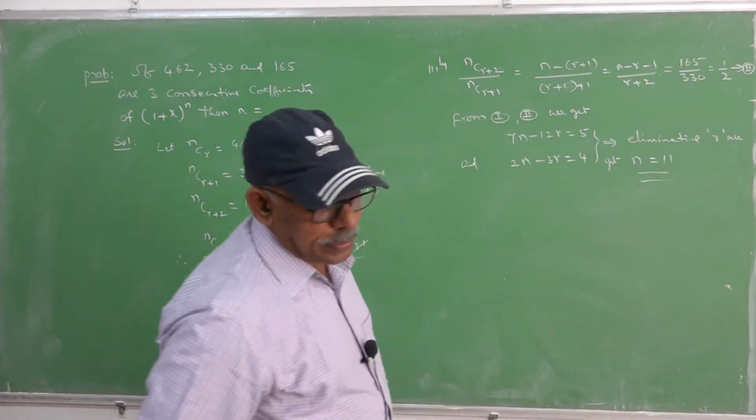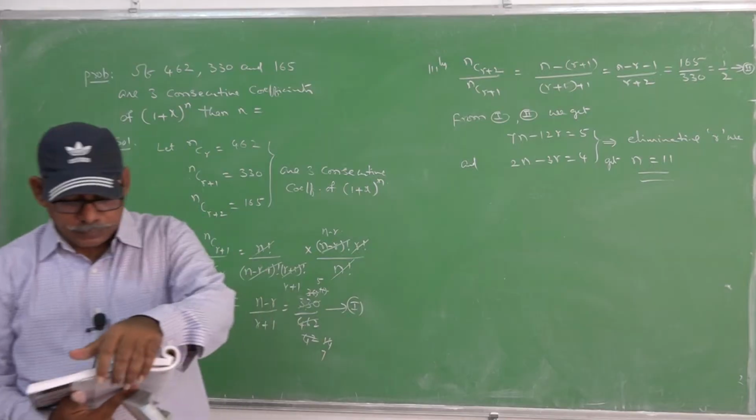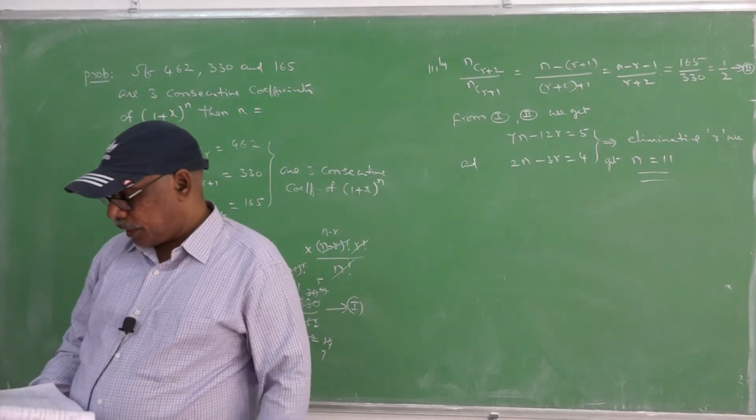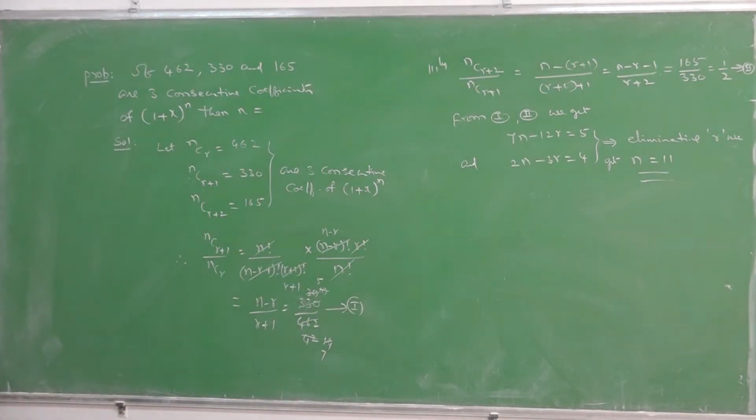So n takes the value 11. The required n value is 11. Like that, you can evaluate the required value for given values of 3 successive coefficients of the expansion.